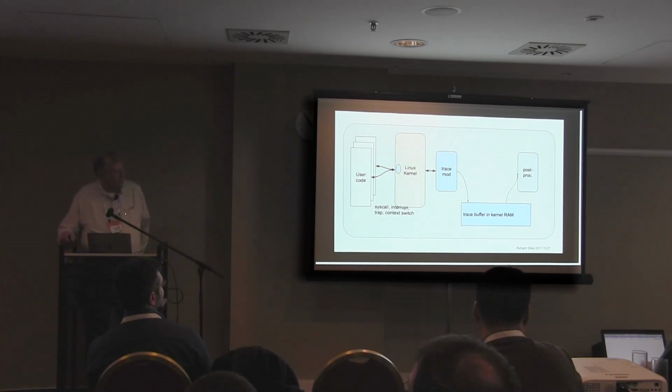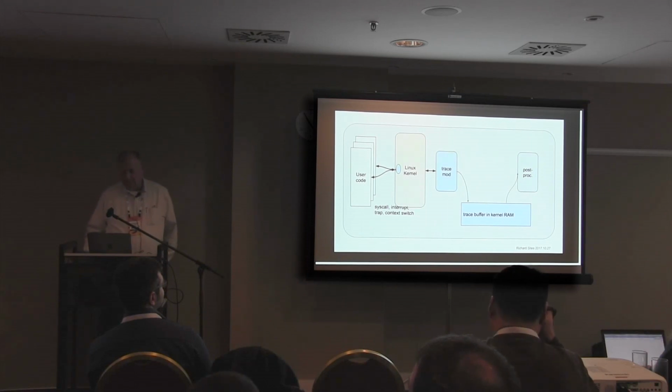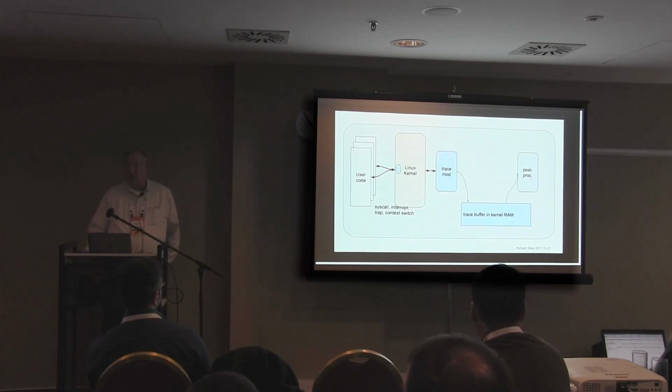So the mechanism is something I think we've all in this room seen by now. Some patches to the Linux kernel, a loadable module that has the actual tracing code. Tracing goes into a RAM buffer that's reserved at the time you load the module in kernel RAM, and then post-processing to figure out what actually happened.